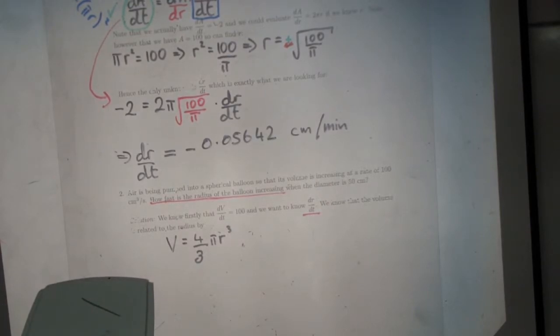While we're here, we may as well do the other relationships. So, what are the three variables? Time, volume, radius. Which is the most complicated? Volume.